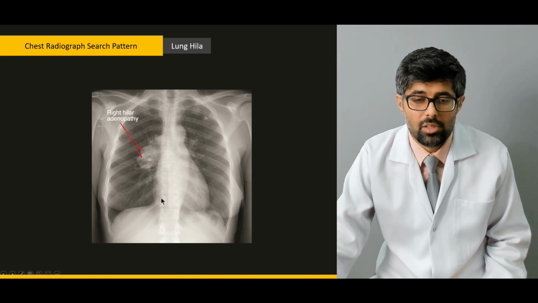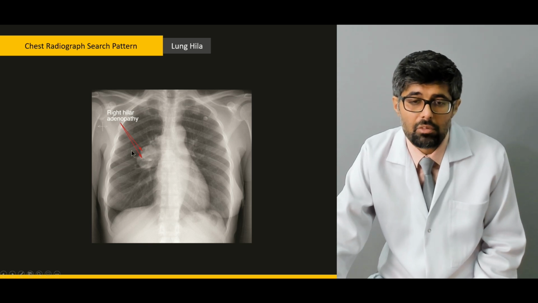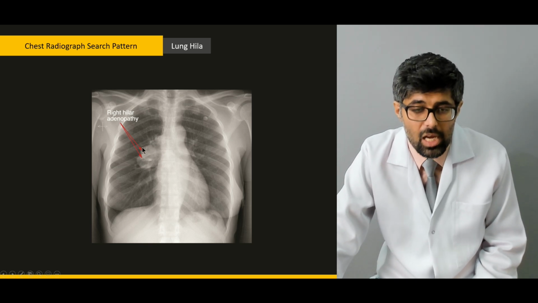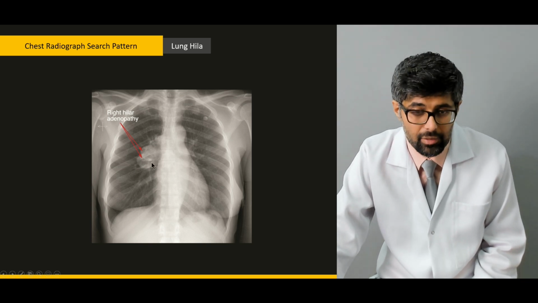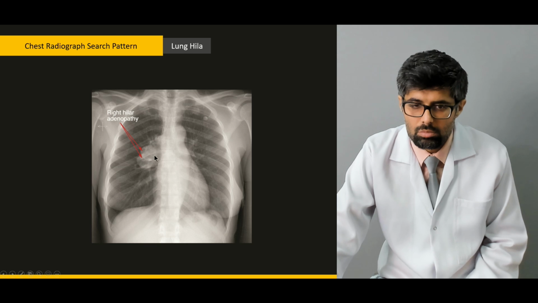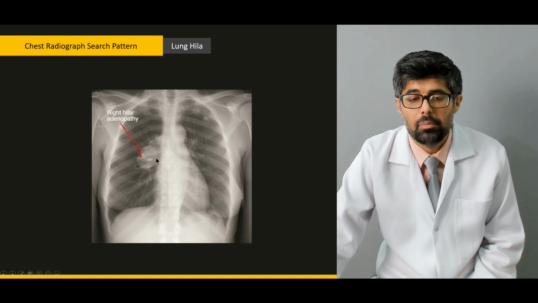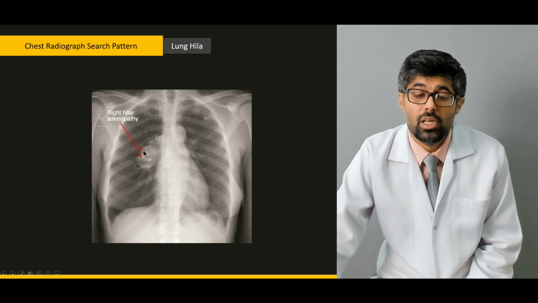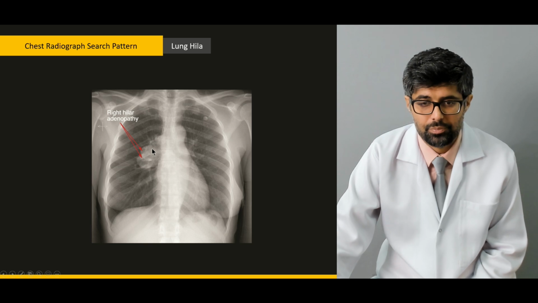Like in the right mediastinal border, we have right hilar adenopathy, and it is a huge lymph node which is quite clear. Usually it is not so big, but in this instance, this hilar mass is huge, it's large, and it is very, very prominent.